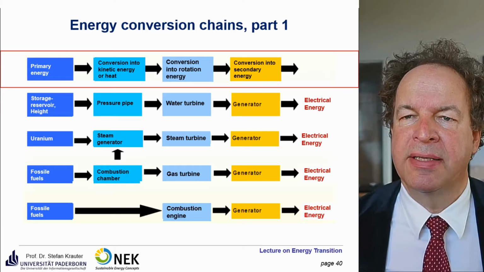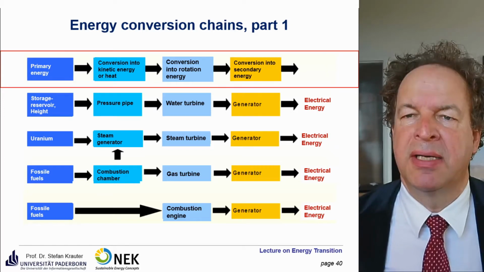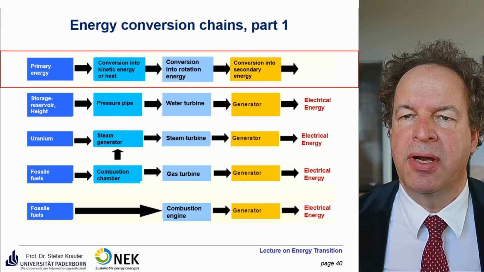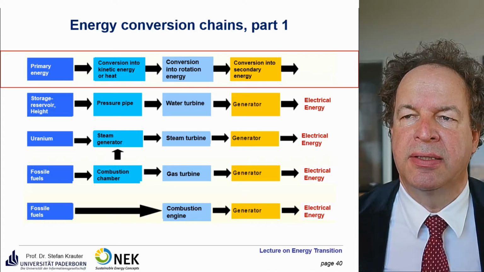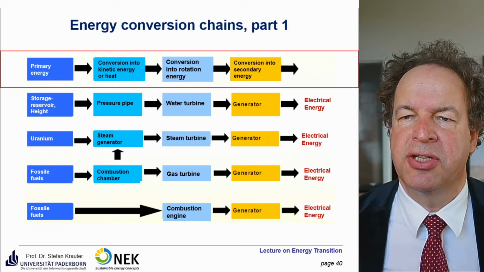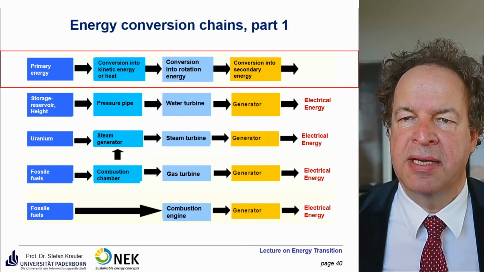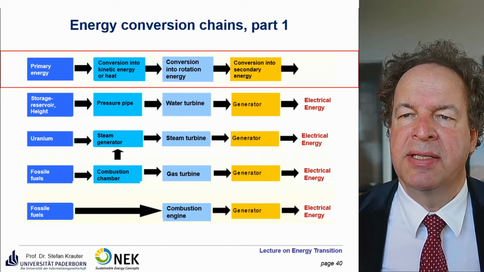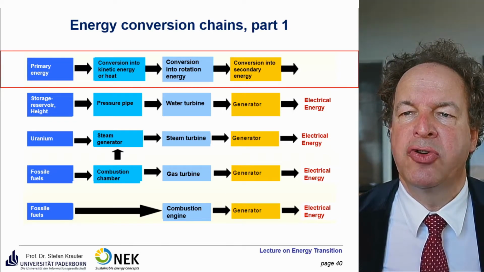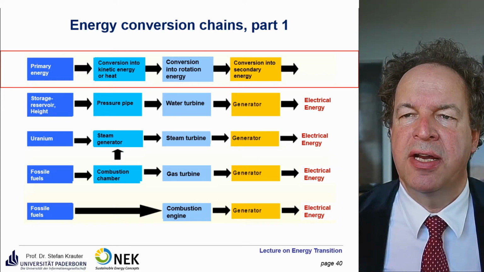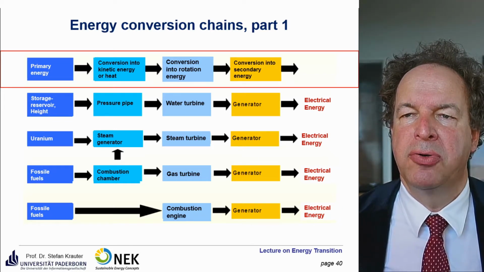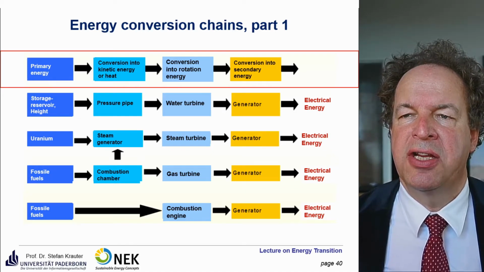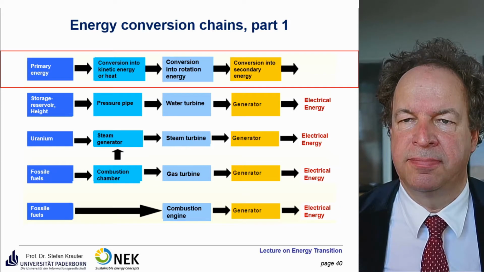In a nuclear power plant, we have a steam generator, comparable to a combustion chamber. If you compare it to power plants such as coal, lignite or gas, we have steam, and we use the steam turbine to generate rotation energy, which we put into the electrical generator, and as a final energy we have electrical energy.